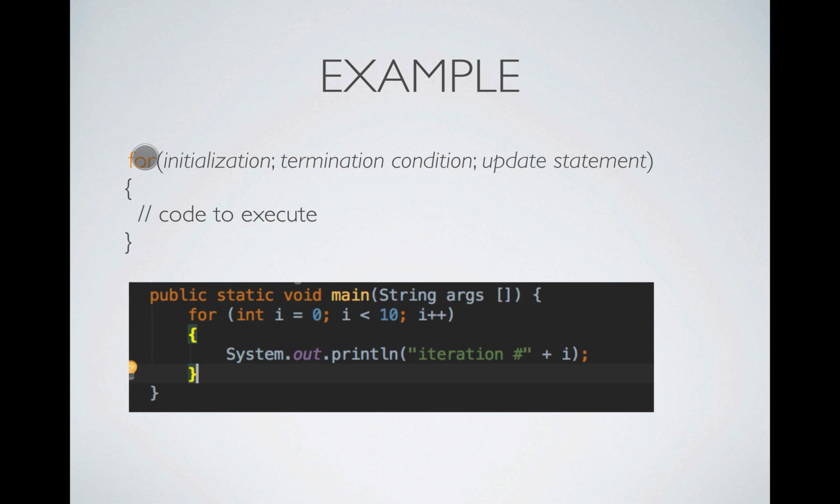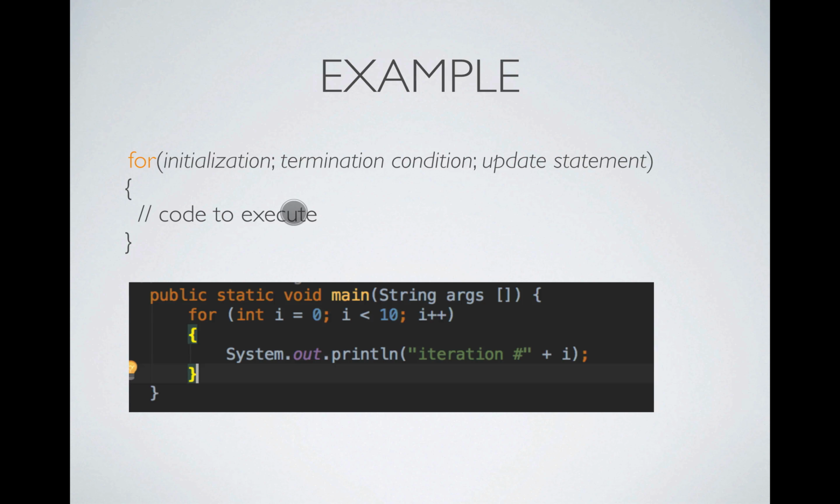So how many times should we be doing this loop? And then the update statement, which updates the condition to a new state. So then the termination condition, the second parameter, can check if it's true. And then within the curly braces after that declaration of the for loop, we have our code to execute.